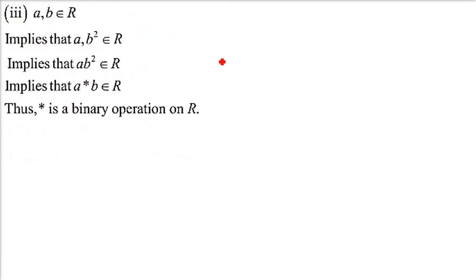The third part is on R, defined by A star B equals A B square. The real number set is the biggest set, the highest set. All other sets mostly belong to this set. The natural numbers and all the other integers all belong to the real number category, so everything is possible here.